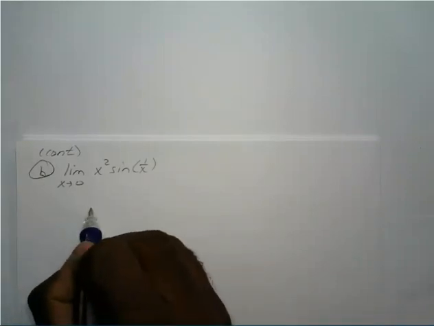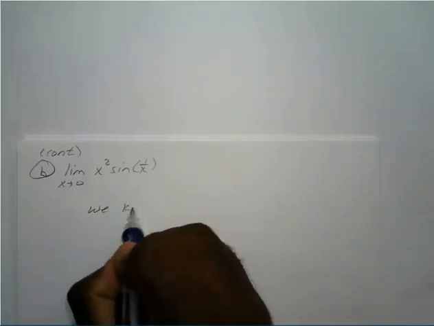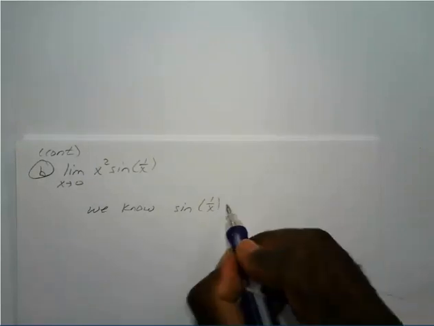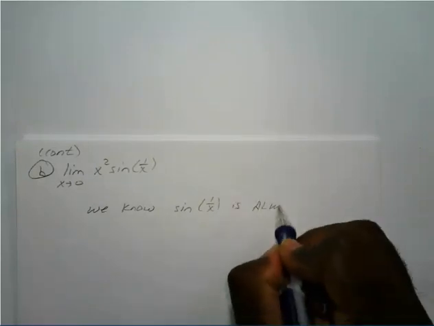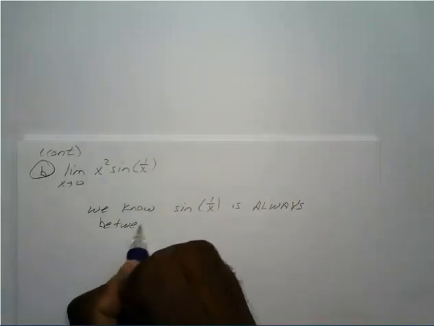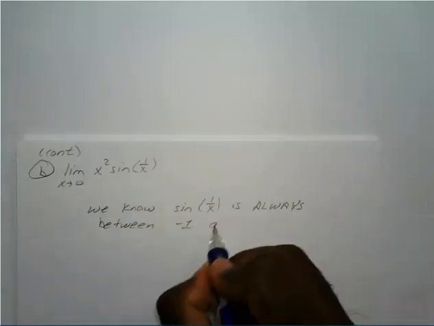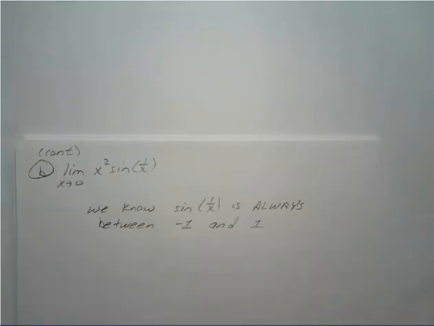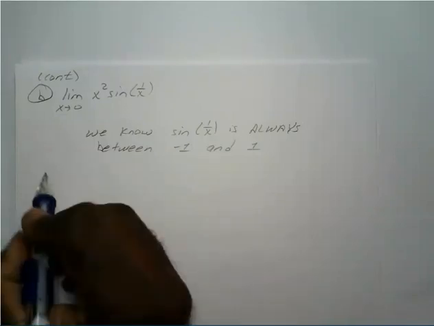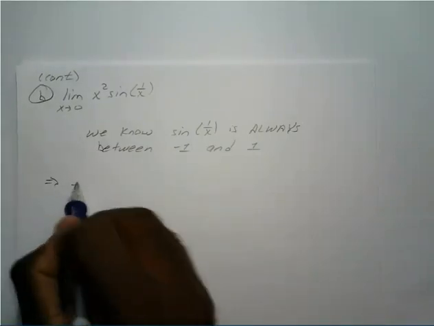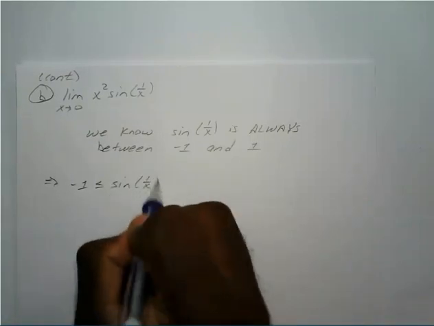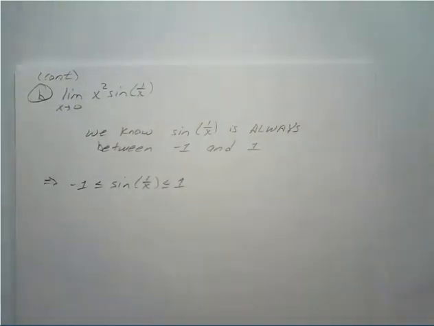Just like before, we know that sine 1 over x is always between -1 and 1. That means that you have -1 is less than or equal to sine 1 over x is less than or equal to 1.